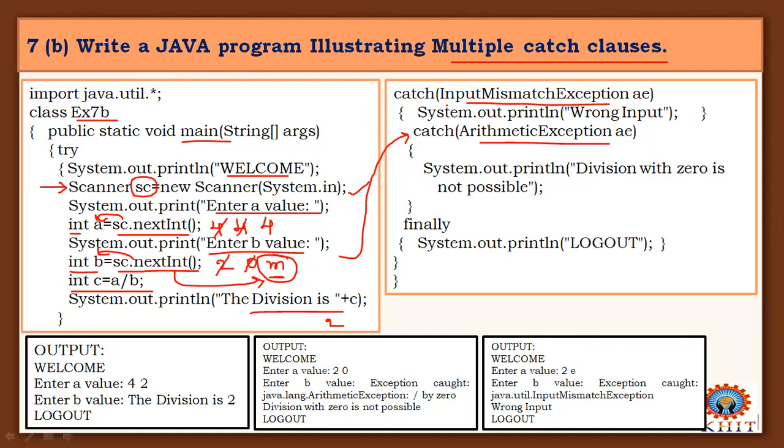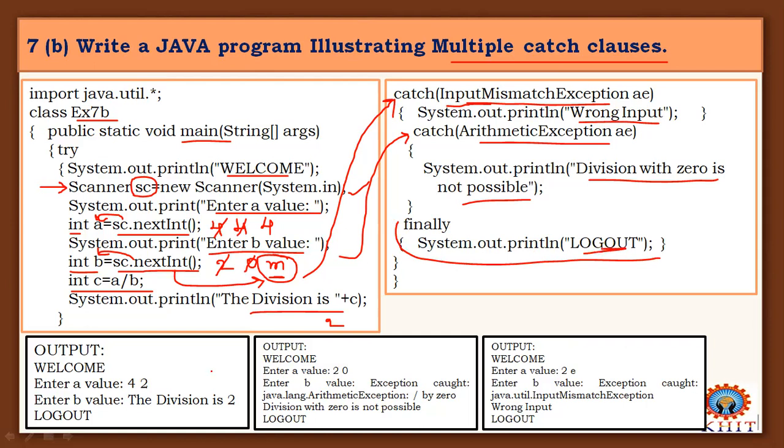So what type of exception is it? InputMismatchException. So that is generated. For such an exception, we need a catch handler to handle this situation. So for ArithmeticException, division with 0 is not possible. For input mismatch, we have a handler like wrong input you have entered. Then after that, a finally block to log out of the program.